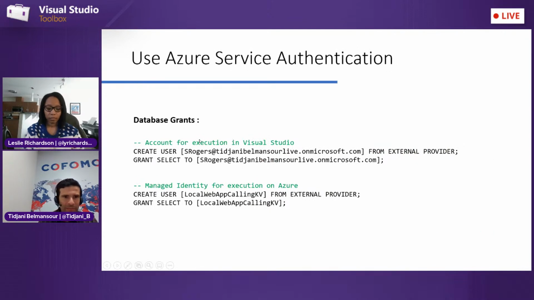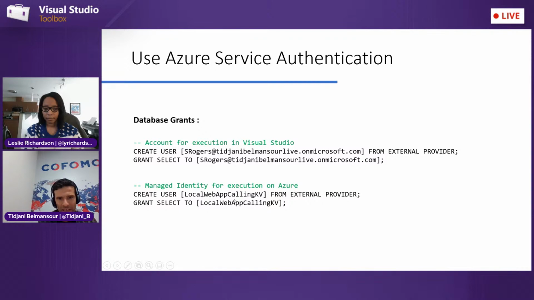And these admins will have to log into the database and issue some grants on the database. So they will have to create a user first and specify from external provider. What does it mean? That means we'll create a user here, but this user comes from Azure Active Directory. Okay. And then we give this user a select permission.